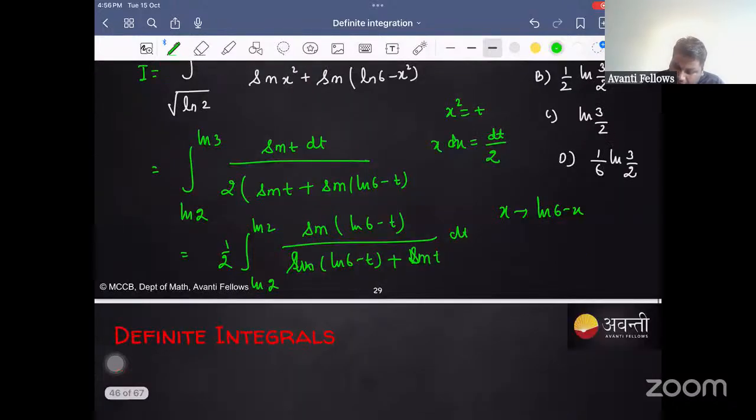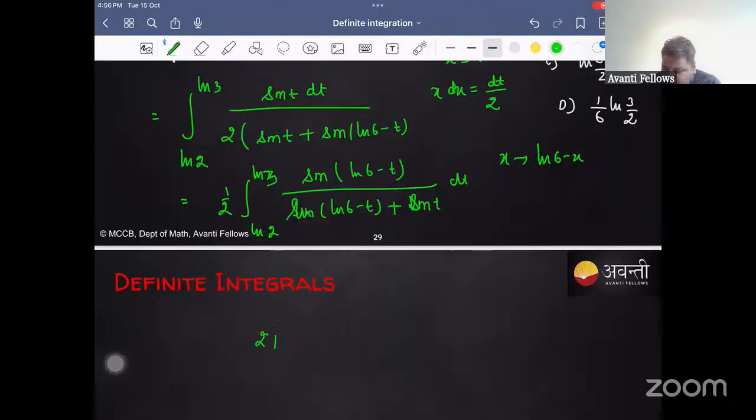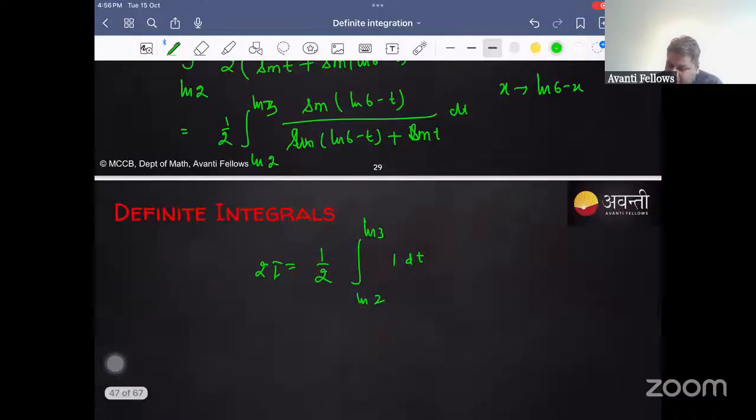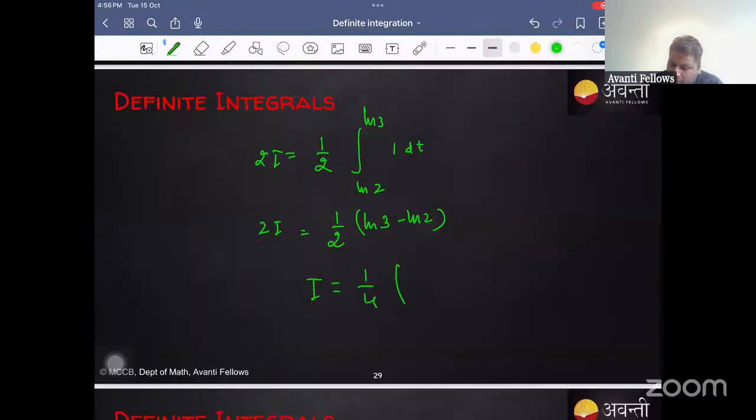Now if I add both of them, I get 2I as half integration ln 2 to ln 3 of 1 dt. Its integration will be t, so it will be ln 3 minus ln 2. This is 2I. So I you got as 1/4 of ln 3 upon 2.